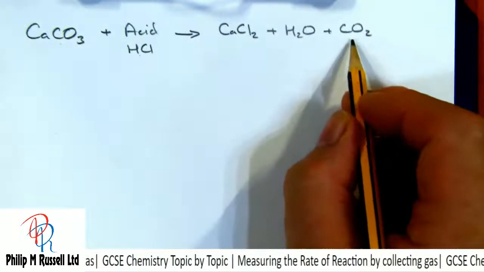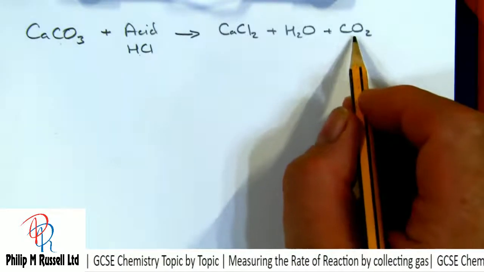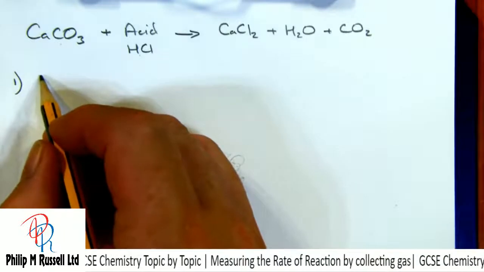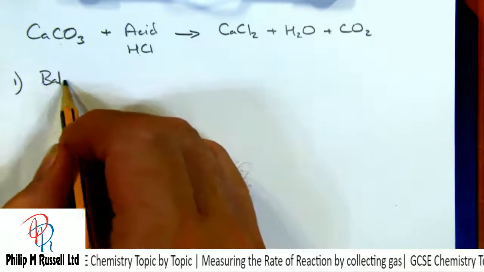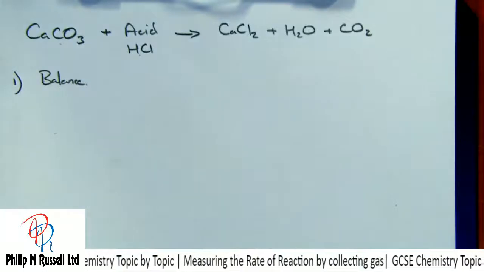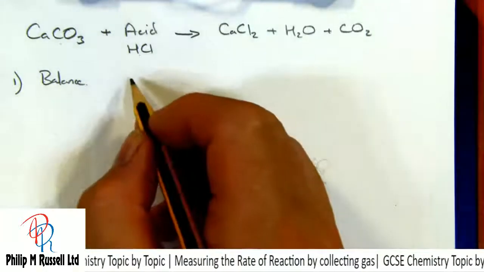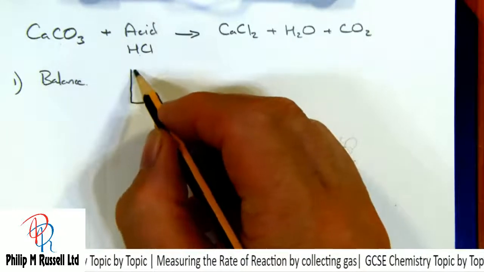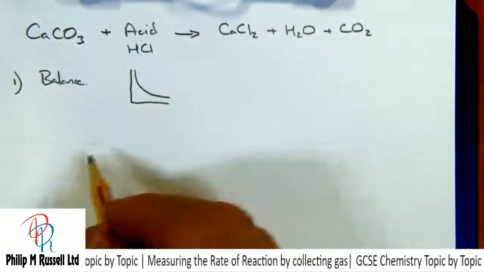We measured the amount of carbon dioxide collected either using a balance, and that didn't work. Of course, I tried it after the experiment and it worked beautifully, and that gives us a graph that is decreasing.